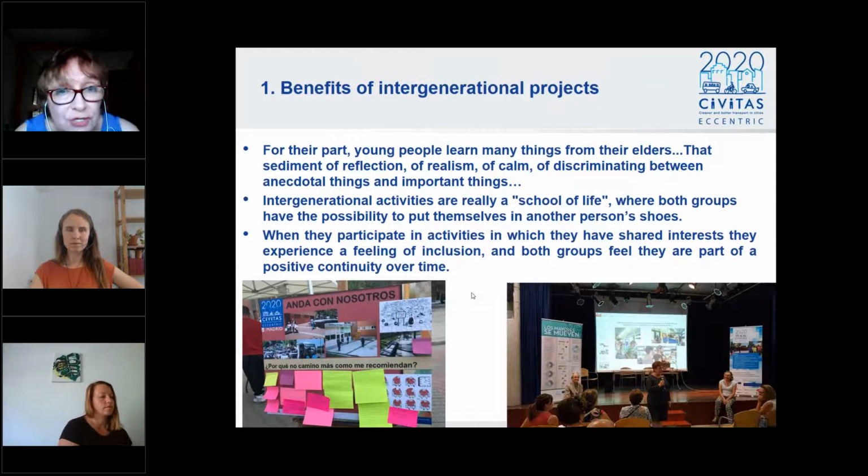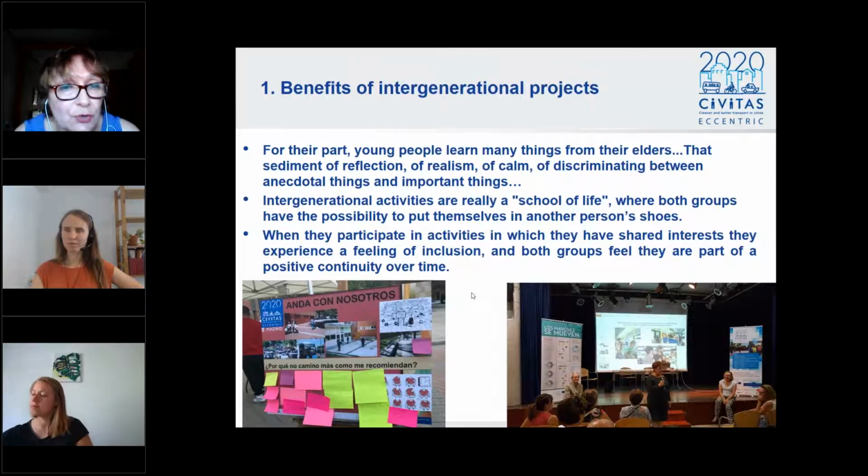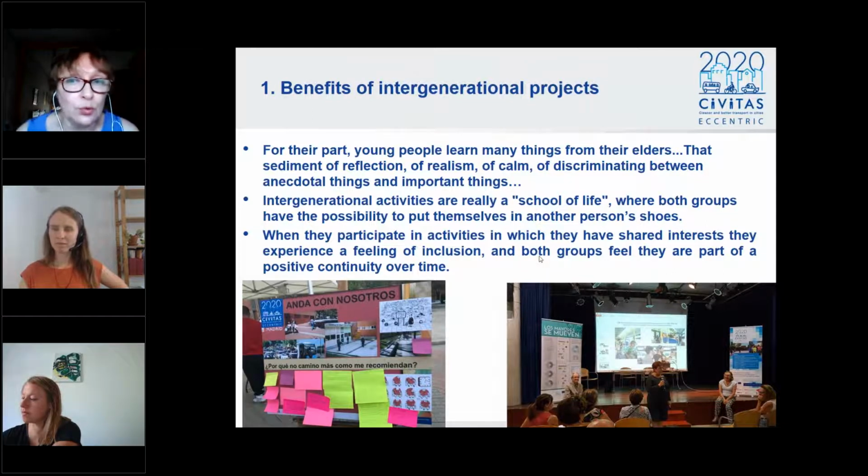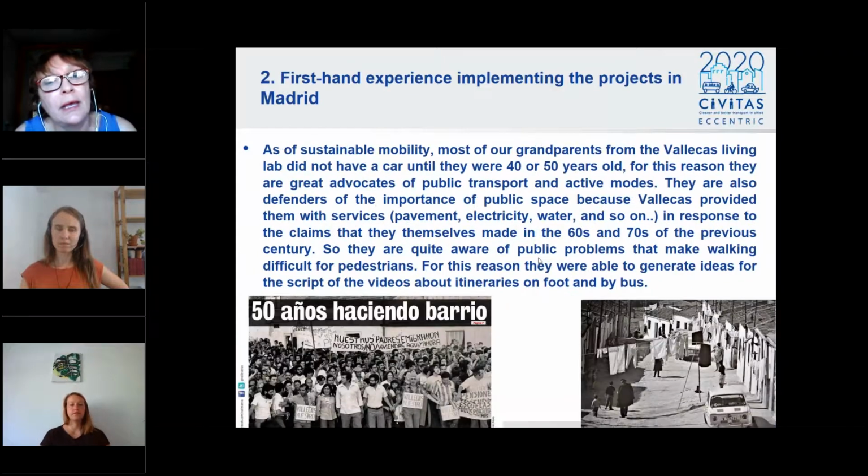For us, intergenerational activities are really a school of life, where both groups have the possibility to put themselves in another person's shoes, and also share interests and feelings and a feeling of inclusion, and both groups feel they are part of a positive continuity over time, and also they feel their work is valued. Then it is important for both of them.